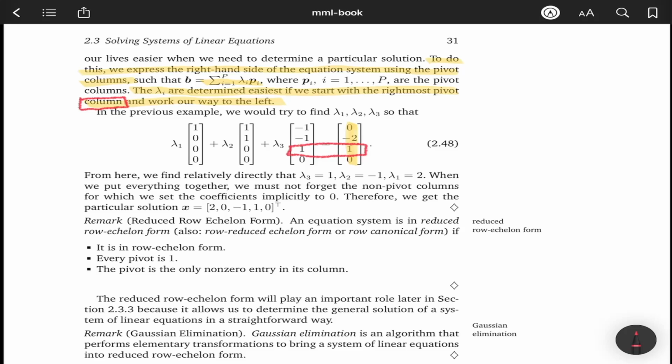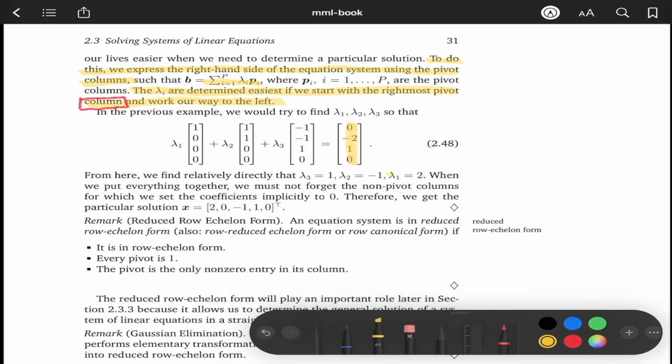Lambda 2 has to be -1. Why is that? Because if we take this equation, like this row, we know that we have something like lambda 2 plus -1 equals -2. So it has to be -1. And then the same is true for lambda 1. Okay, good. That makes sense.